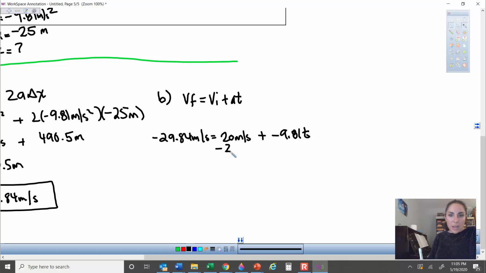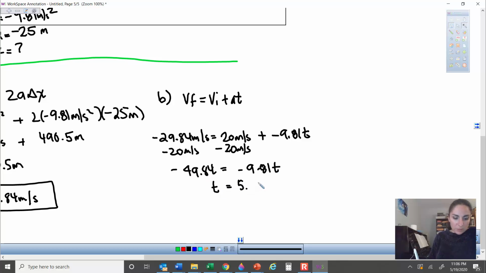I have to subtract the 20 first on both sides, so negative 29.84 minus 20 gives me negative 49.84 equals negative 9.81 t. Divide both sides by negative 9.81, and I got t is 5.08 seconds. And that's the total time of flight.